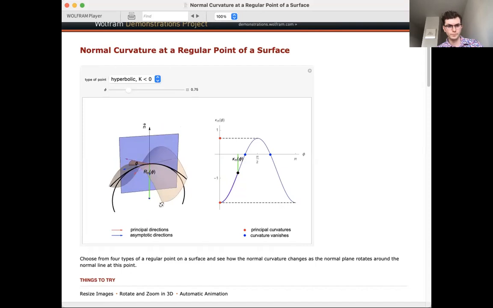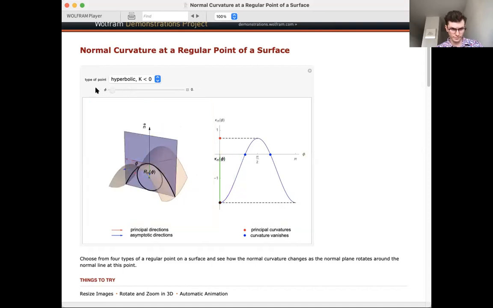You have a point on the surface, you cut it with the plane, you get these curves, and as you rotate the plane, you get different curves with different curvatures. You select the one that's biggest and the one that's smallest.